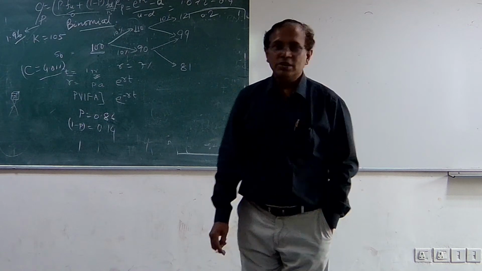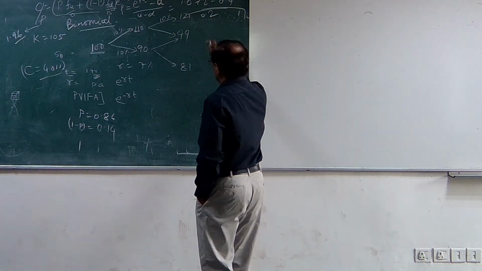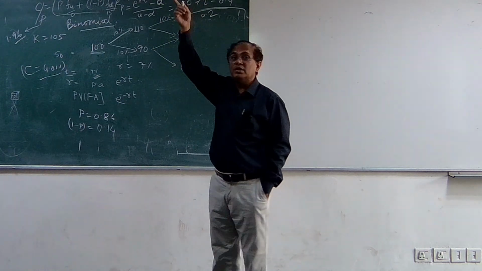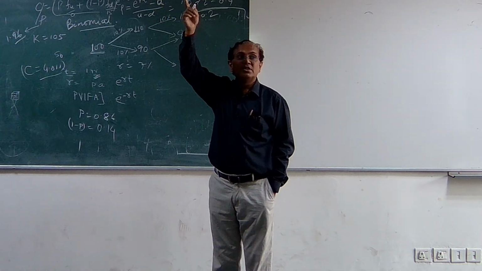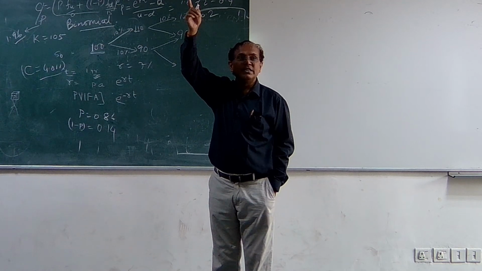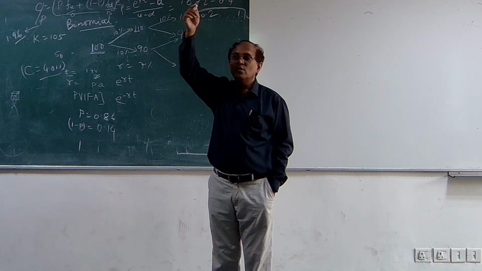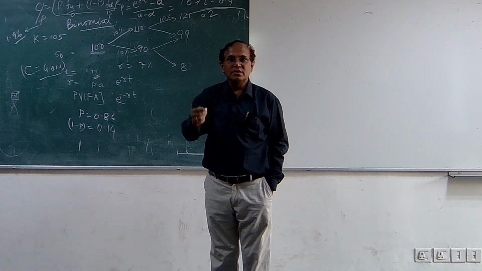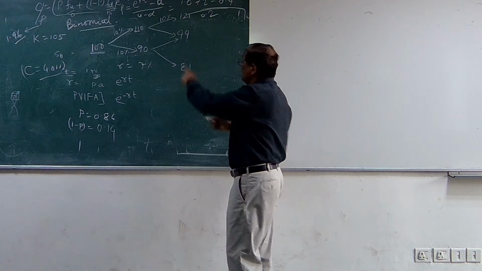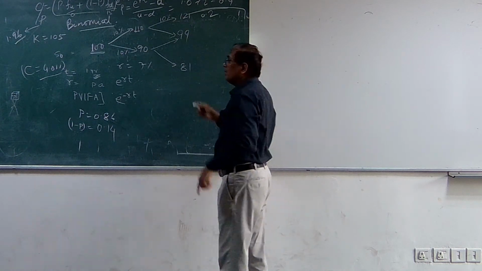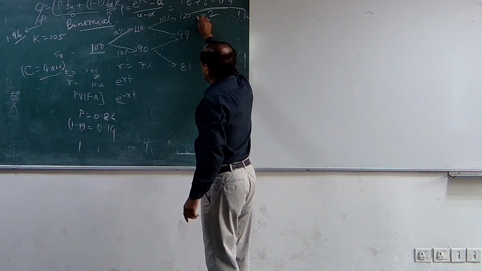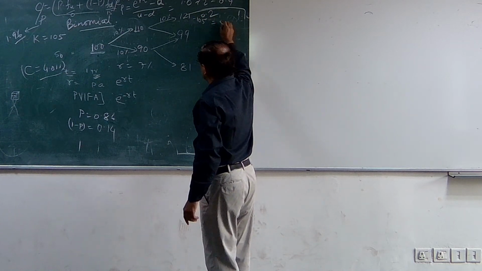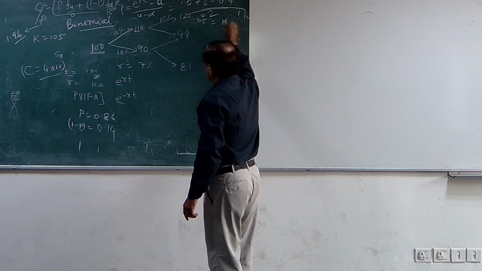Okay. So for the upward movement FU, how much is the value? What is going to be the expected spot after 2 years? 121. And which option are we talking about? Call option. So in the call option, 121 minus 105, how much is the value? 16.